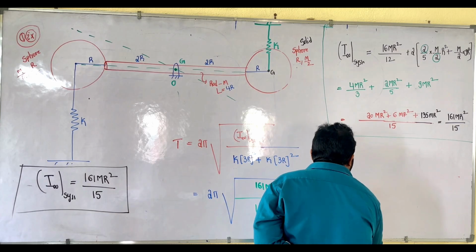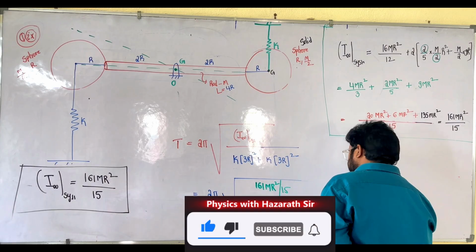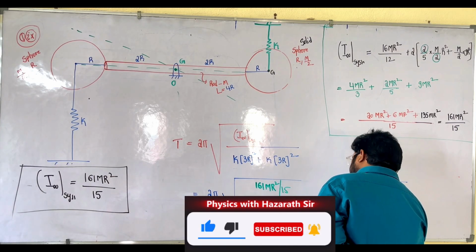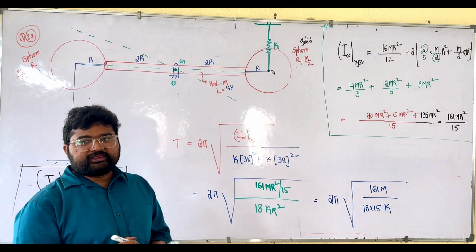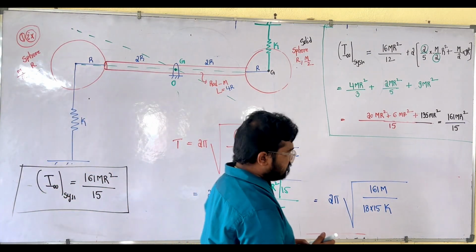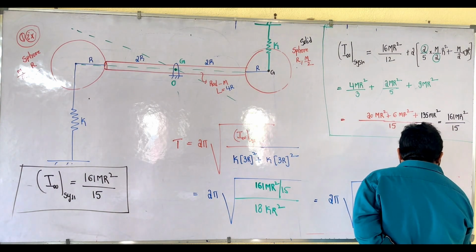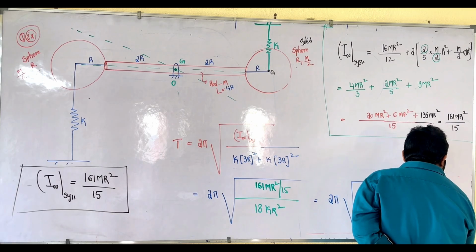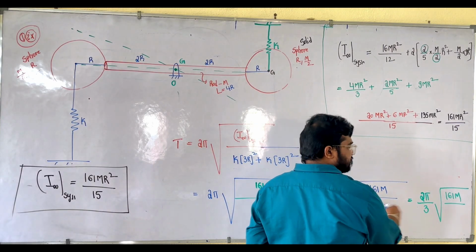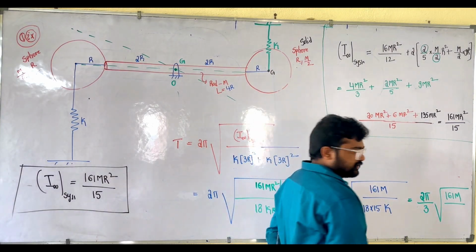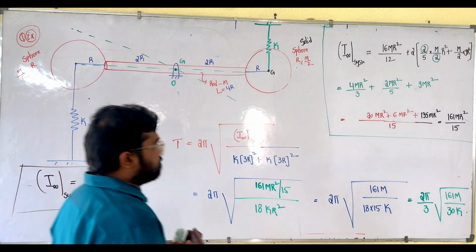That equals 2 pi square root of 161 m by 18 into 15 into k. 3 will come out, and 30 will be inside. Clear? 2 pi by 3 square root of 161 m by 30k.